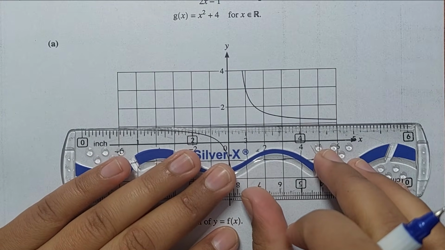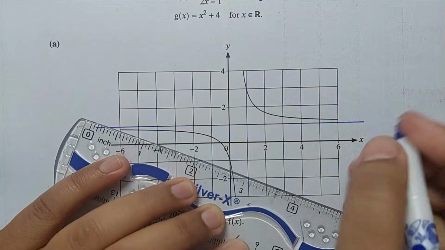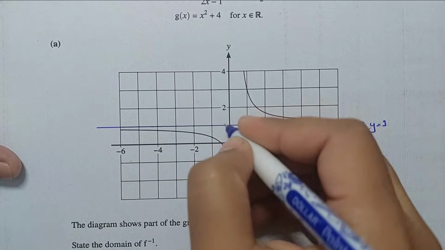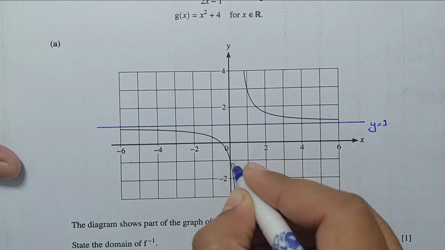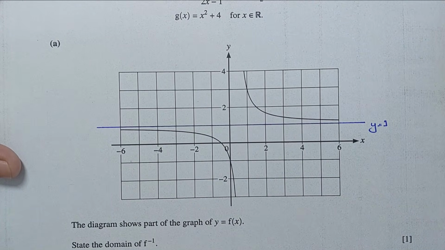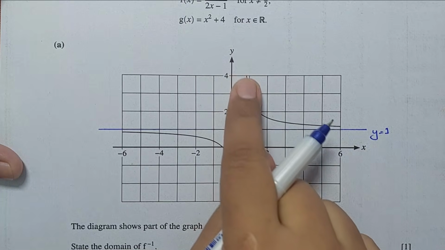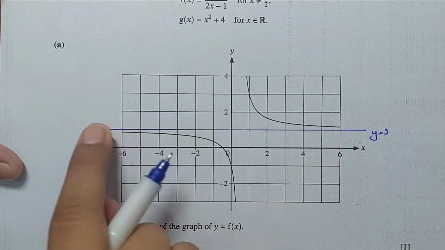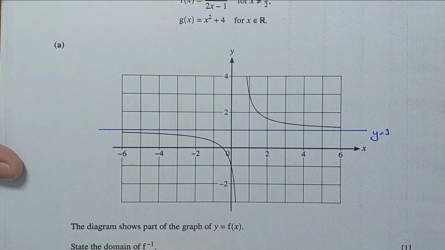As you can see, this is the line y equals 1, right? Now we have y as 2, 3, 4, and here y is 0, -1, -2, -3, and so on. Now, what is the range, the outputs? You can see this curve shows that all the y values are more than 1, not exactly equal to 1. And this curve shows that all the y values are less than 1, not equal to 1.